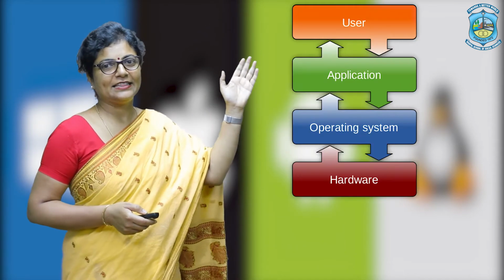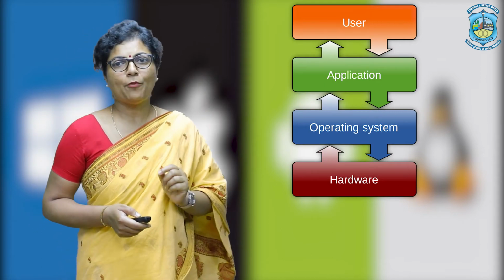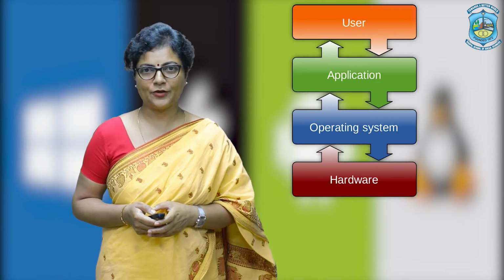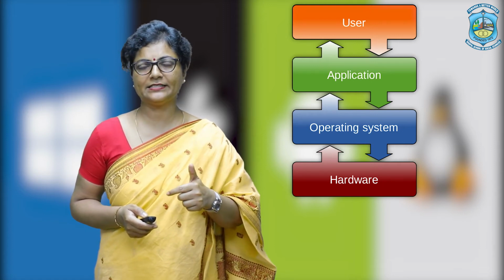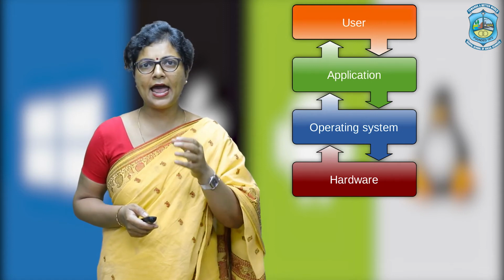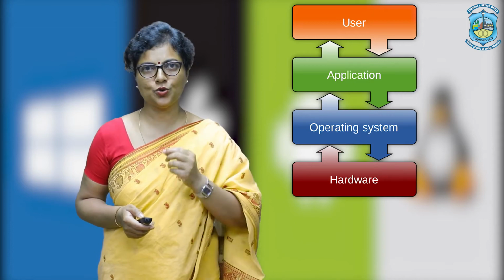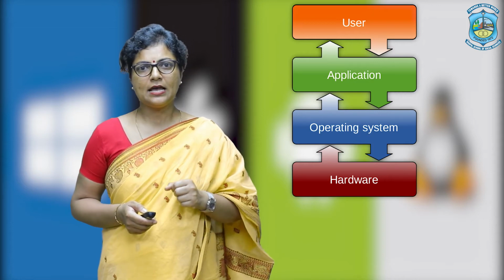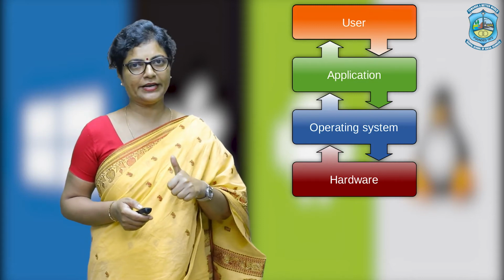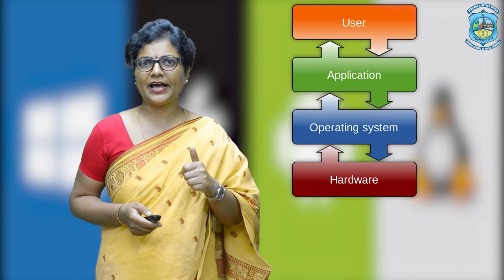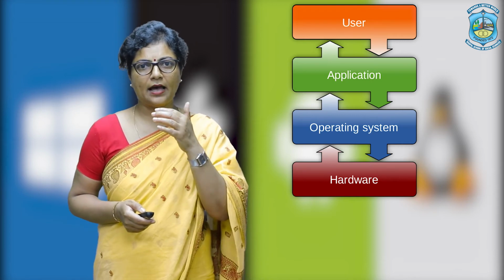You can see that in the computer system, the bottommost layer is of hardware, that consists of physical devices, peripheral devices, microprocessor and machine language, which is also known as binary language. Then comes the layer of software, and the very first software is the operating system, which directly communicates with the hardware.